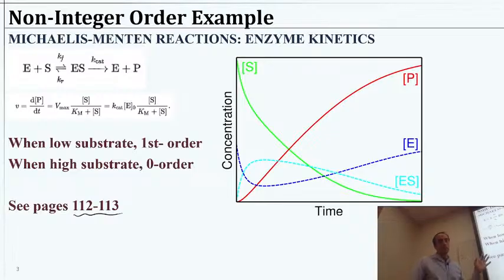Essentially, the kinetics for a system where you have changing substrates or changing amounts of reactant can be pretty difficult to do the math on if we don't reach a steady state. And so for the example of enzyme kinetics, when we have some intermediate species, that would be the ES here.